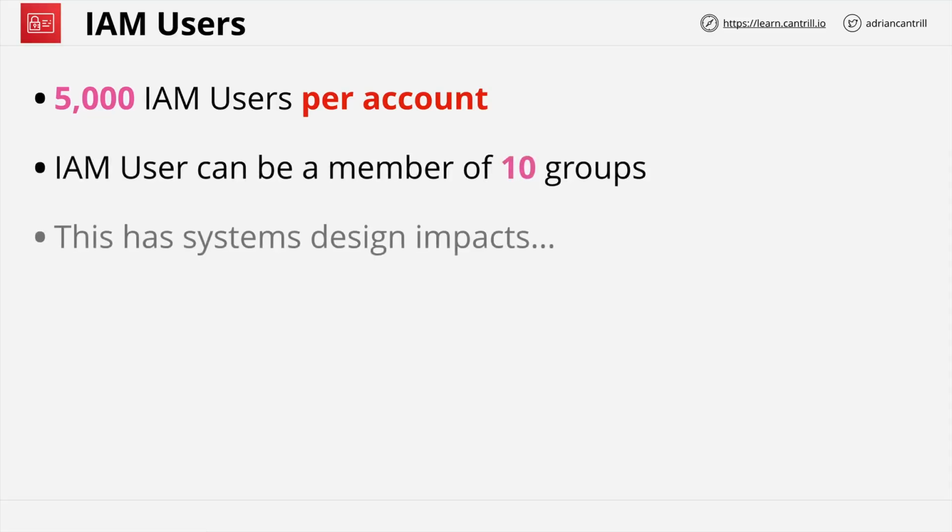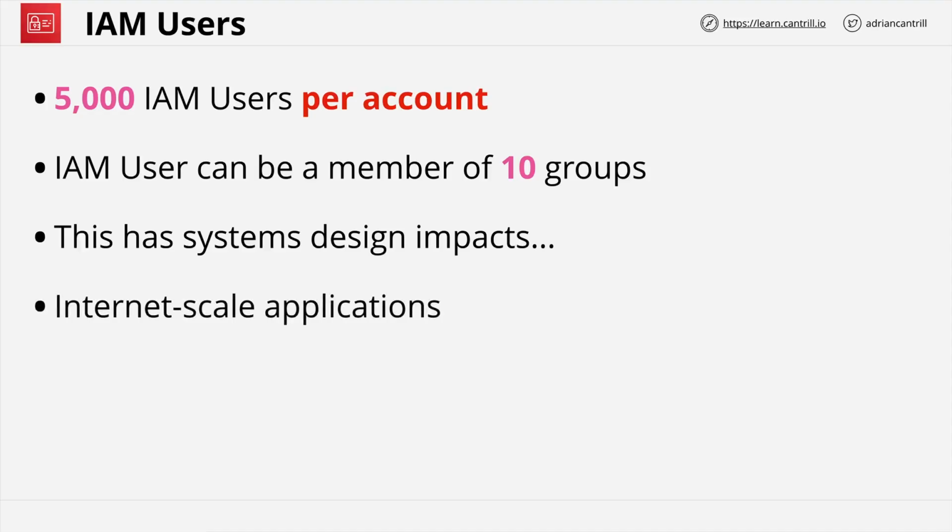Now, both of these have design impacts. You need to be aware of that. What it means is that if you have a system which requires more than 5,000 identities, then you can't use one IAM user for each identity. So this might be a limit for internet scale applications with millions of users.